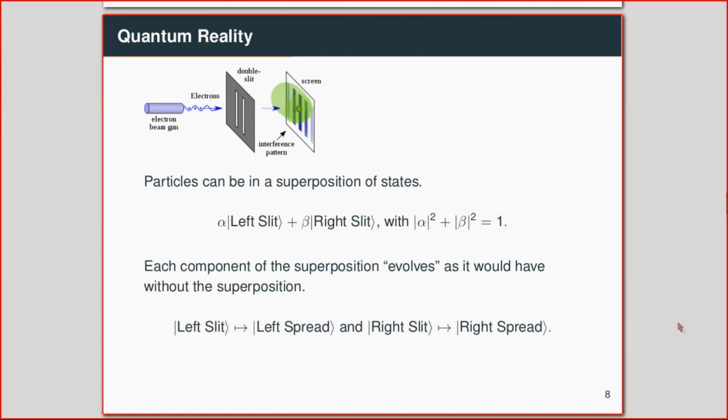So the left spread is again some superposition over different locations on the screen, each with their own complex coefficients. And similarly, if it had gone through the right slit, you would have gotten a similar but slightly different spread on the screen.